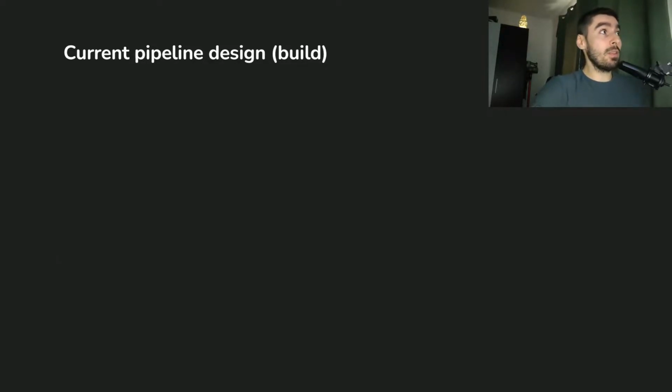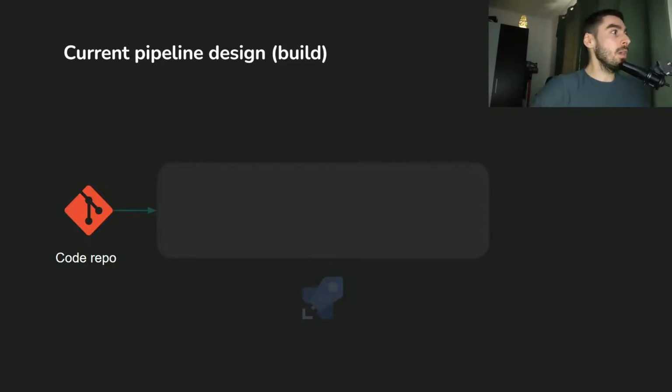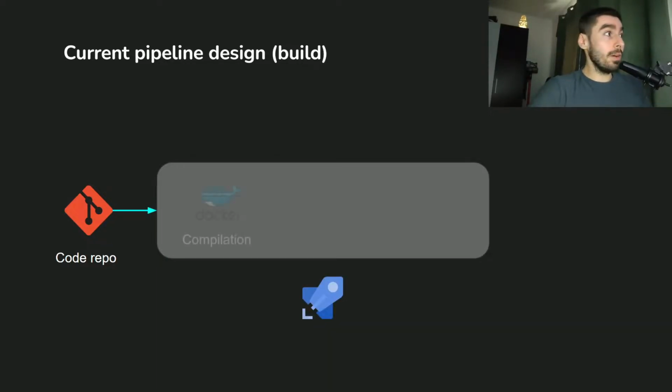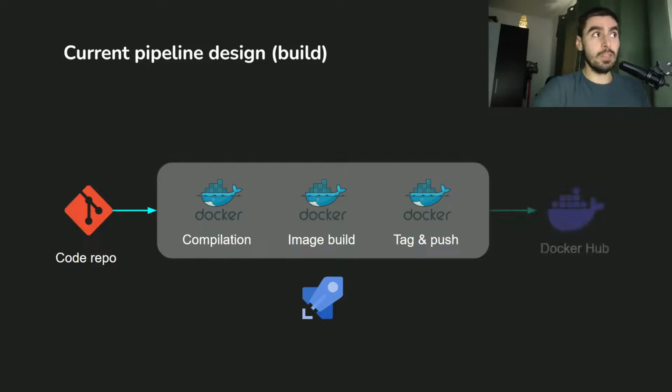Basically, in a code repo where we have our either Java or our Angular code, we run a pipeline from there, and we use Docker to compile the application. Then we build an image based on that compiled application, on that artifact. And then we tag and push that image into Docker Hub. So this is basically a simple build pipeline, okay? We just compile the application.